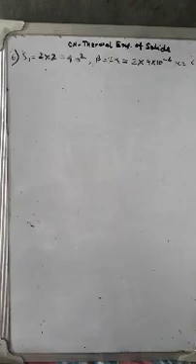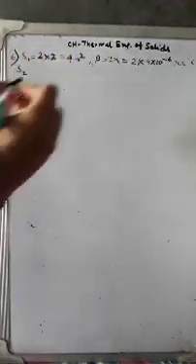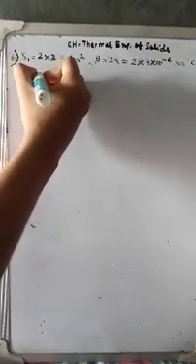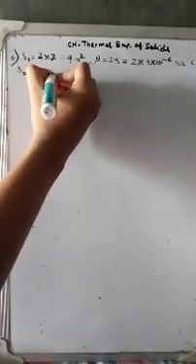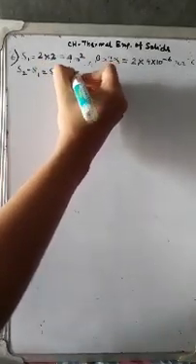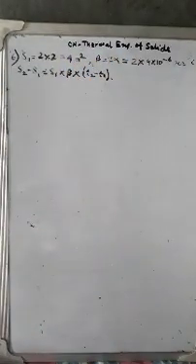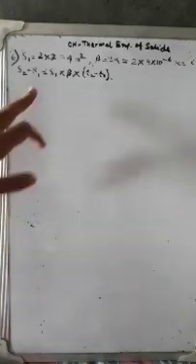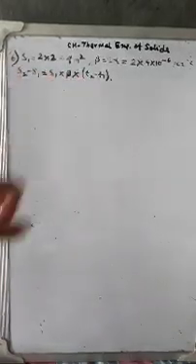Let's write the usual formula that we write for the superficial expansion, that is S2 minus S1 equals S1 into beta into T2 minus T1, isn't it? Because if you go back to the theory, your beta was equal to S2 minus S1 by S1 into T2 minus T1.